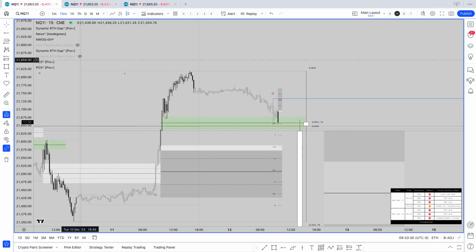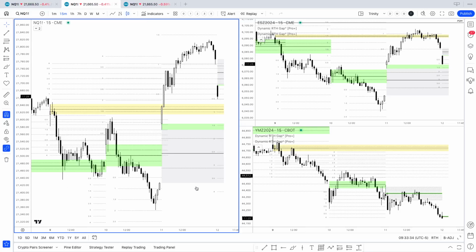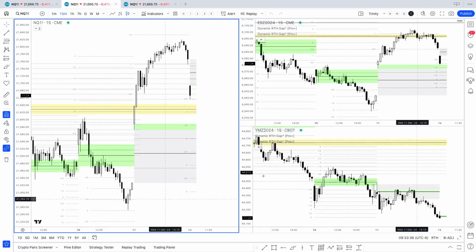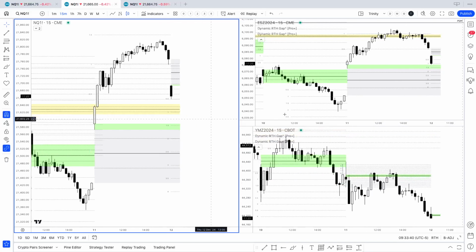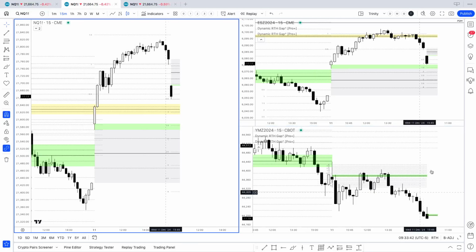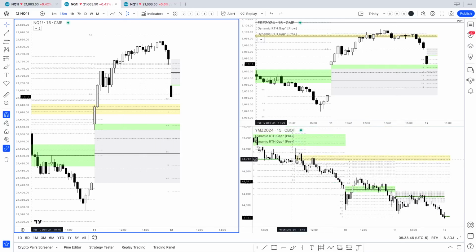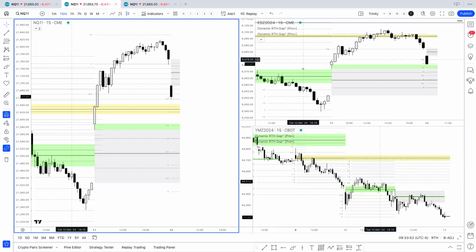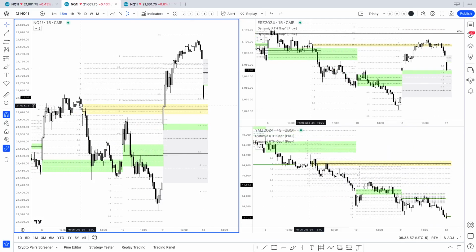So yeah, I have my alerts here. Let's see. The Dow has completely closed the gap, and the Dow has been trading below the new week opening gap all the week. And Nasdaq is trading above the weekly opening.